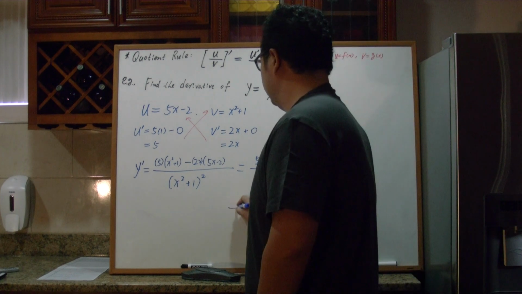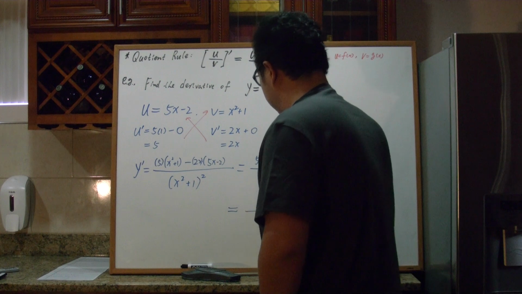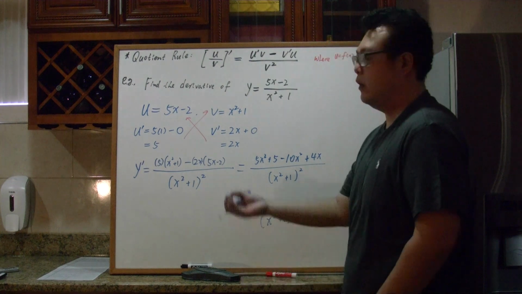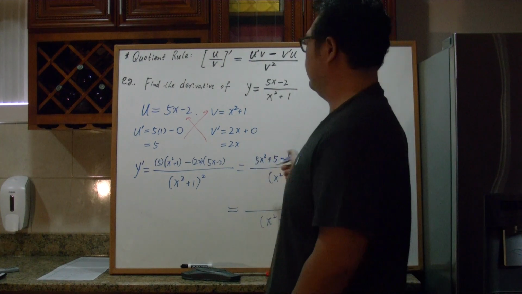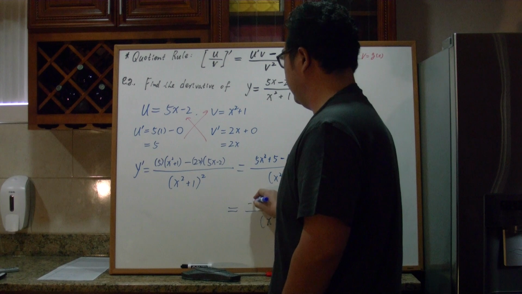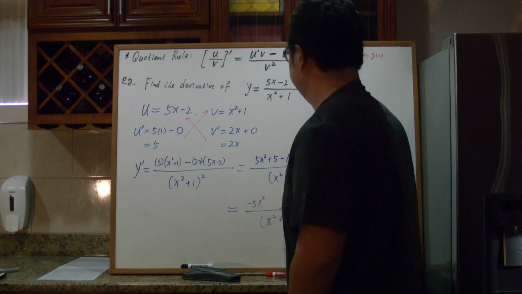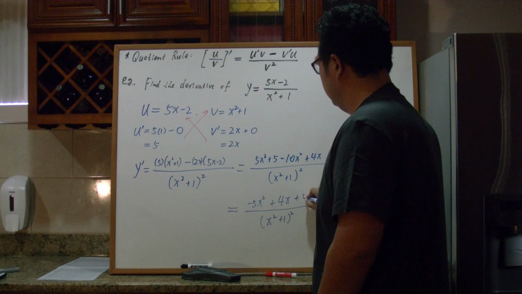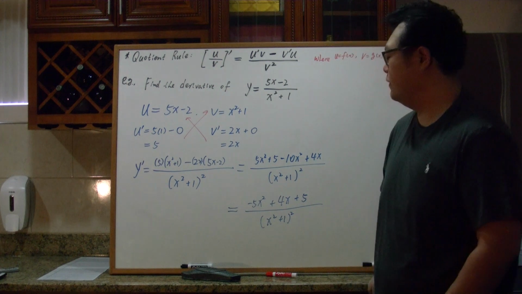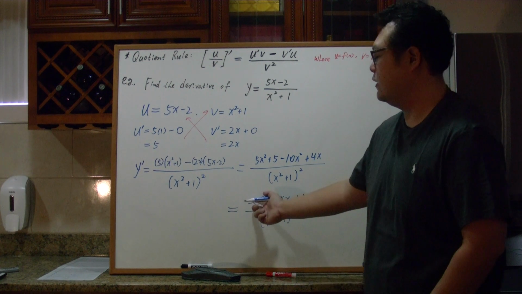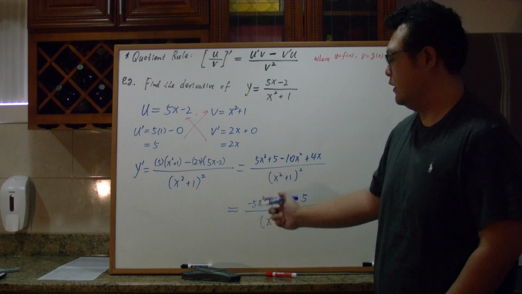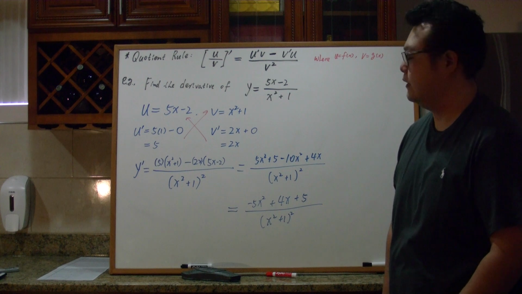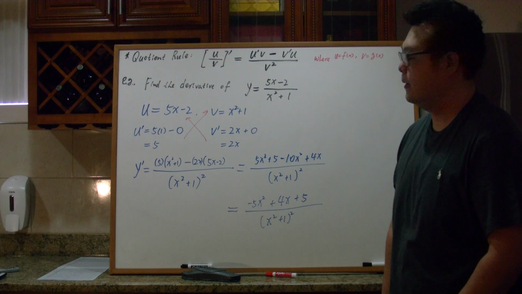In descending order, from higher power to lower, I get 5 minus 10, that's negative 5x squared, plus 4x, plus 5. You don't have to do anything with it. If you want, you could factor the negative sign out, but it's not necessary. To keep the final form like that is totally acceptable.